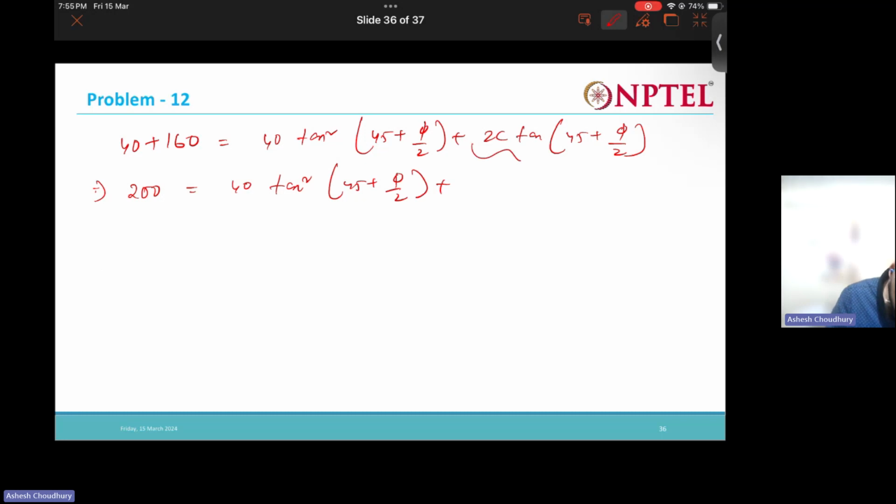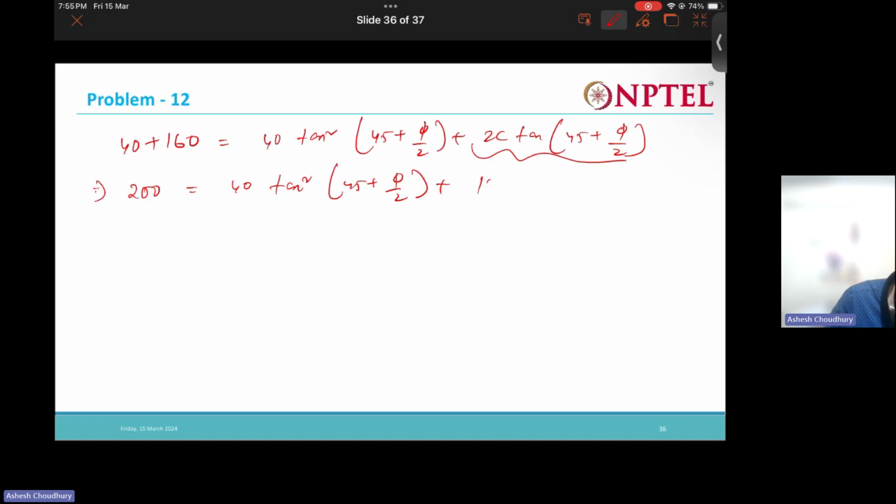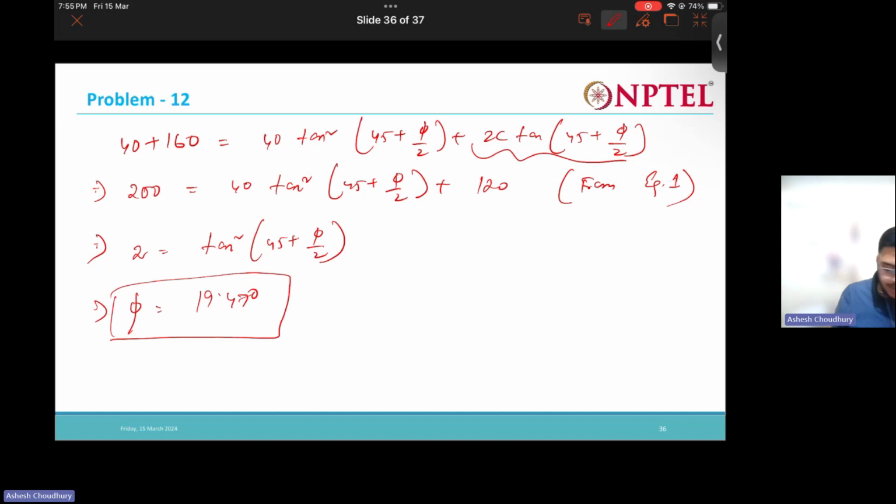Plus 2C tan(45 + phi/2), and from equation 1 that is 120. From equation 1, from here we can write the expression, so phi we can get. So I got the phi value.